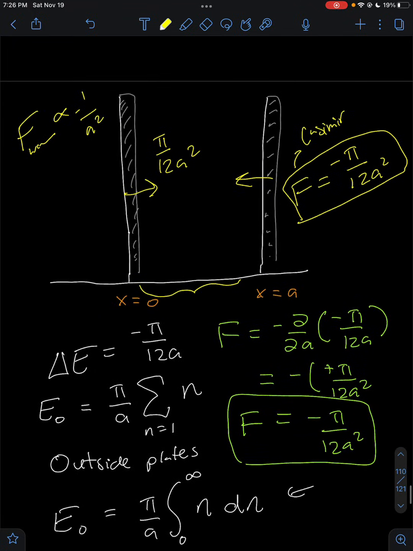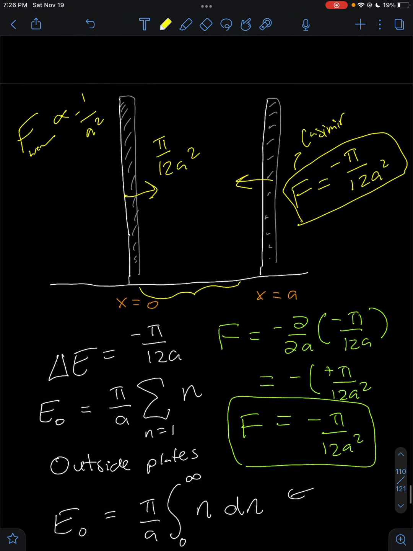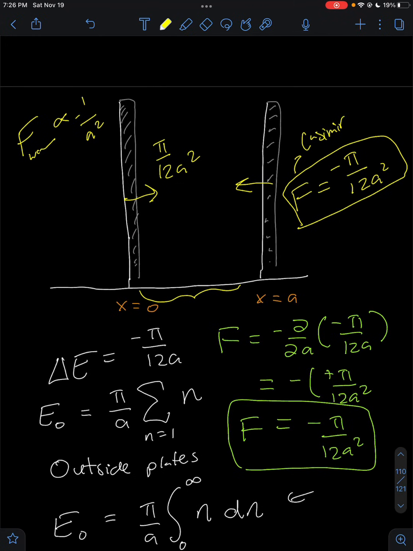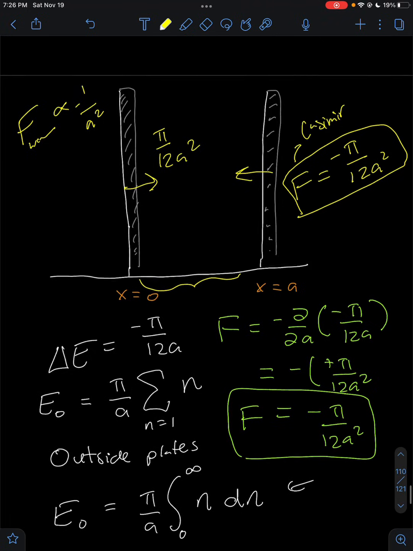Because remember, these are supposed to be real plates with atoms in them. And a van der Waals force, for those that don't know, is a force that results from an uneven distribution of charge in a system. Think about the London dispersion forces. We have hydrogen atoms, each with a proton and an electron.